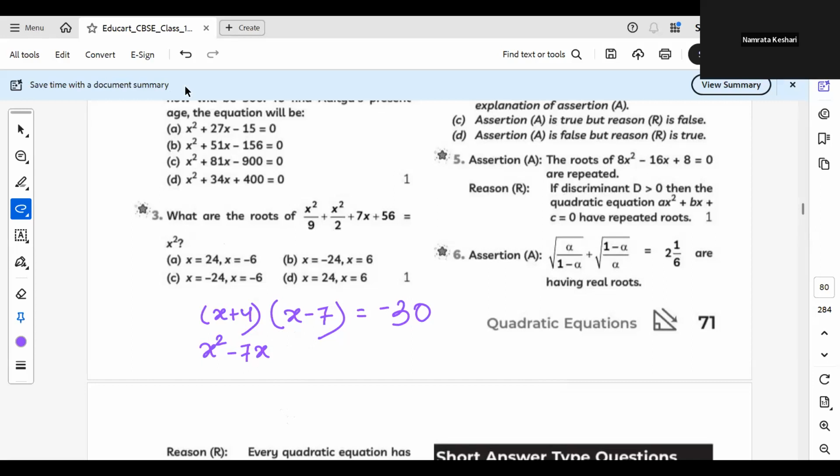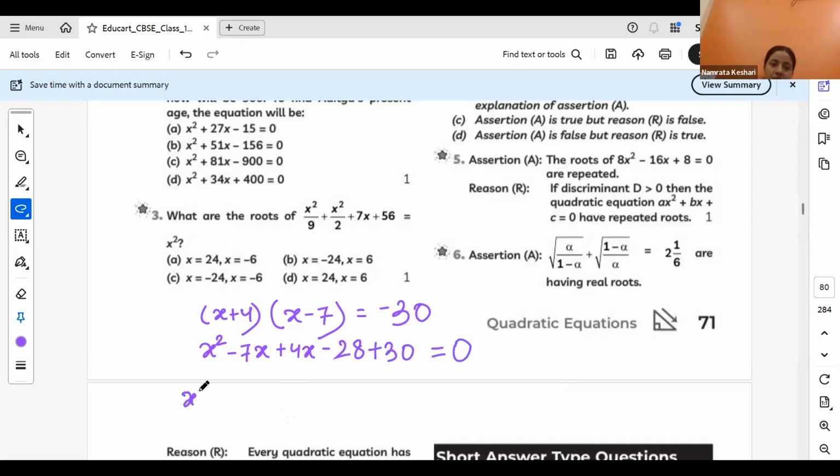Ma'am, I got 2 and 1. Let me check it. Yes, x value we are going to get 2 and 1.